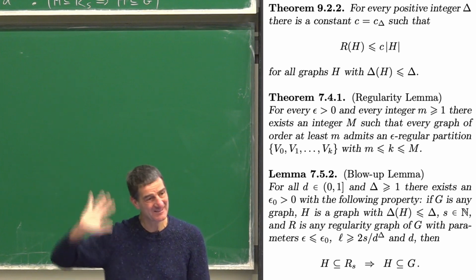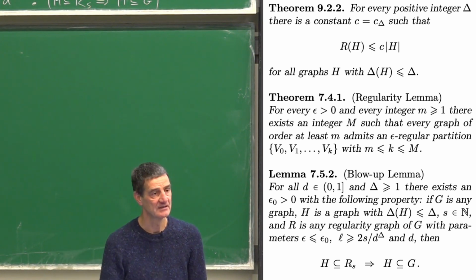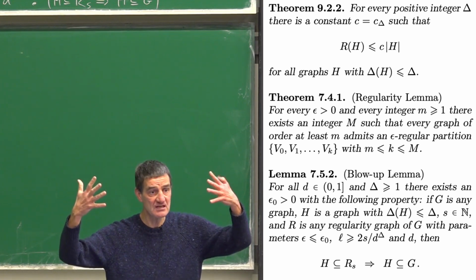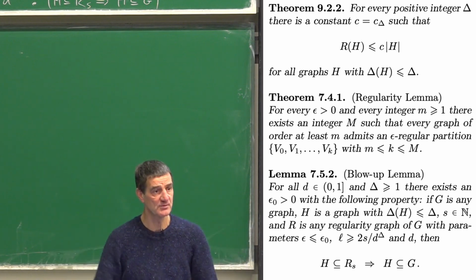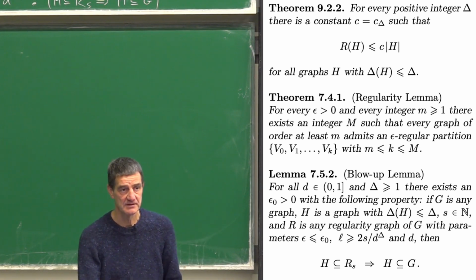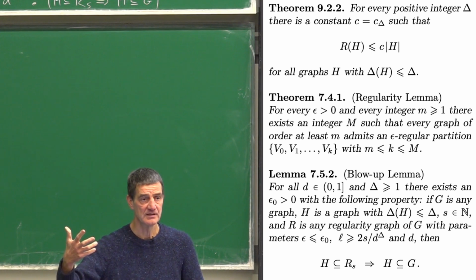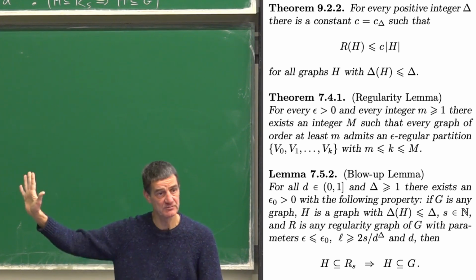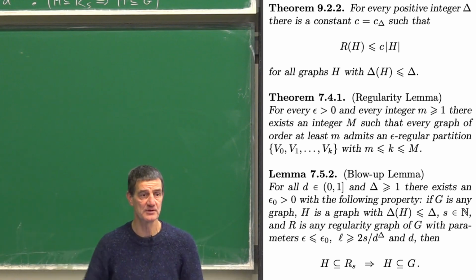One way in our context here to ensure that is that we can apply the blowup lemma. Remember, H can be found in G if H can be found as a subgraph in some suitable R_S. Okay, so let's set things up in such a way that H is a subgraph of some suitable R_S, either for G or for its complement.